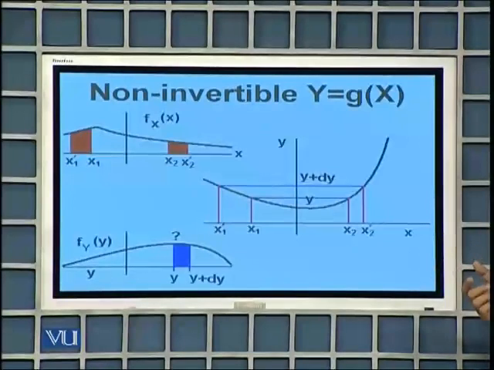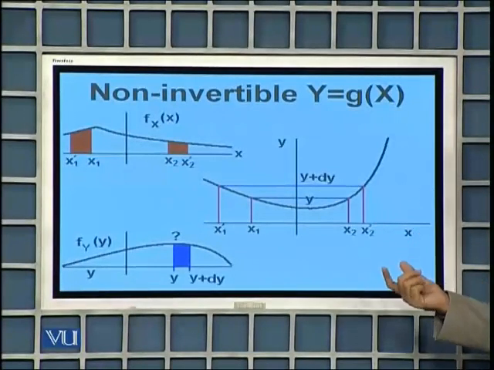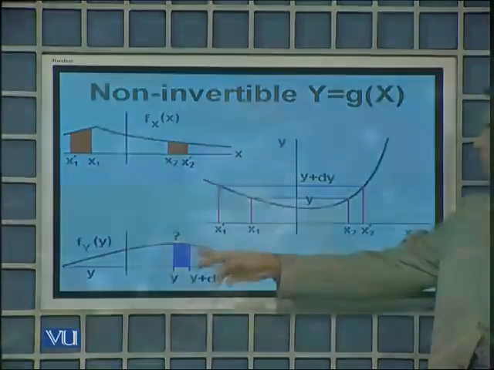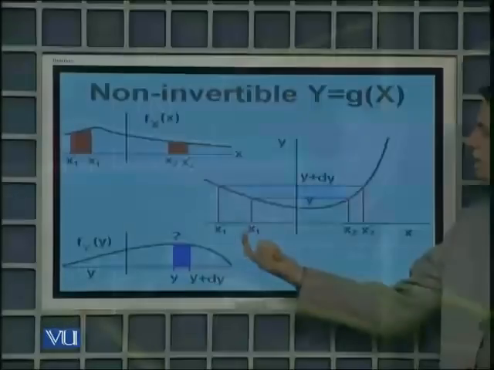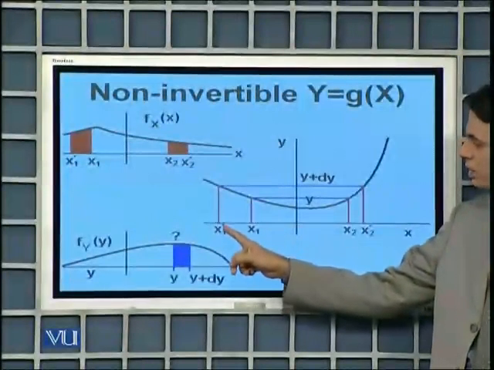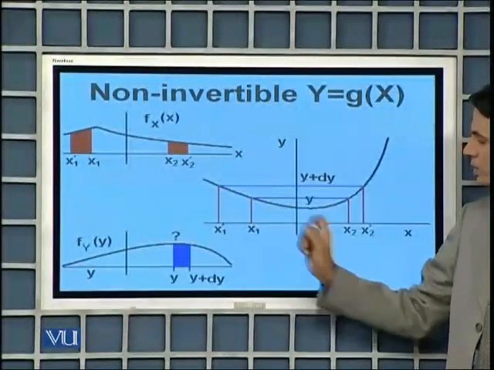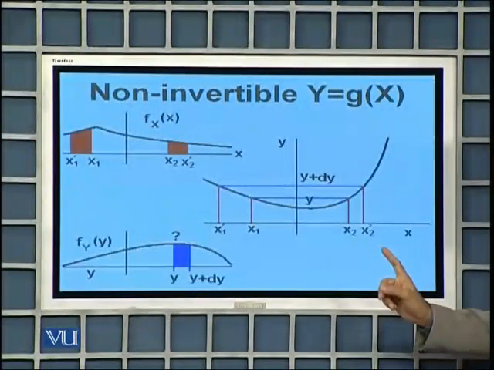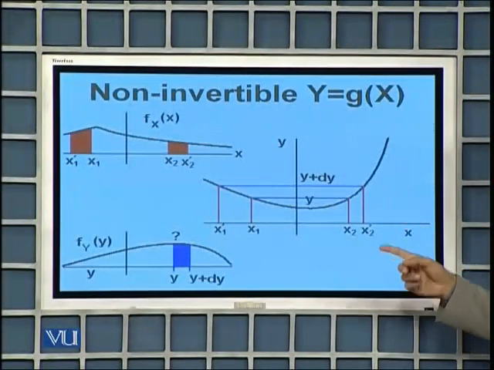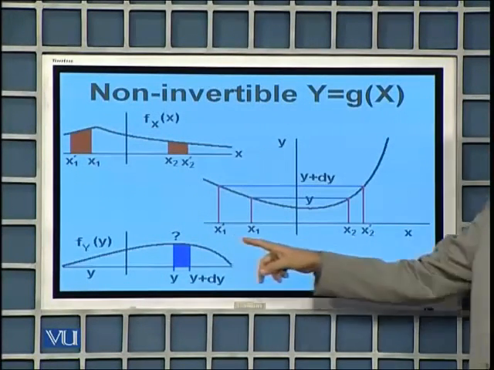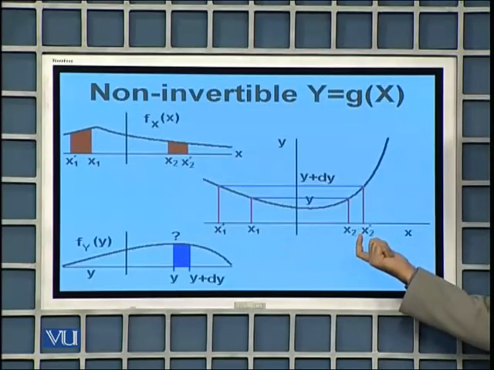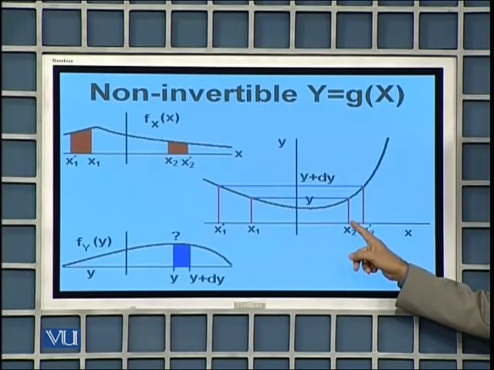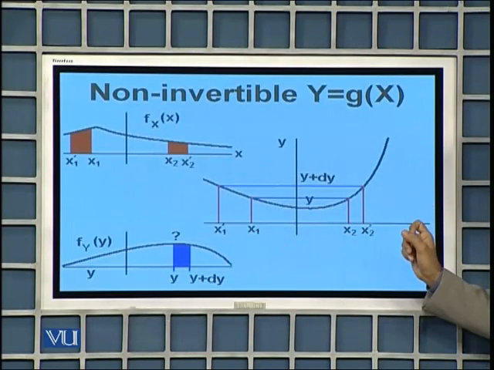The first event in terms of random variable x, which gets mapped to this blue event on random variable y, is that random variable x assumes its values from x1 dash to x1. And the second event in terms of random variable x, which gets mapped to this blue event on random variable y, is that random variable x assumes its values from x2 to x2 dash.